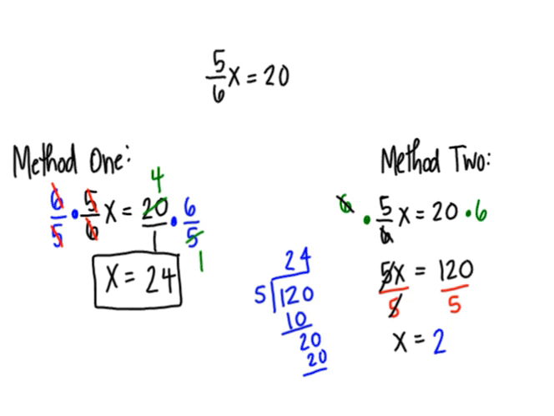So my answer for this one would be 24. It does not matter to me if you choose method 1 or method 2. You just have to figure out what method is best for you personally.